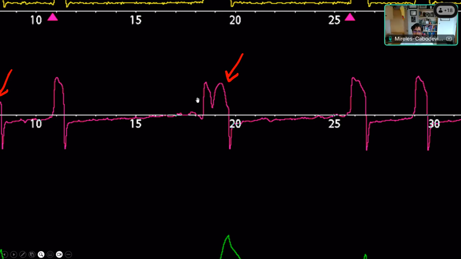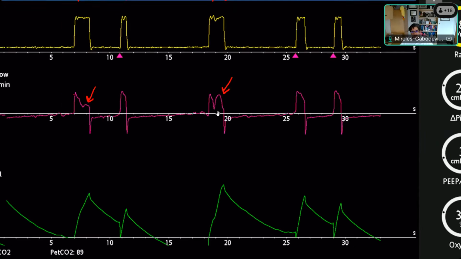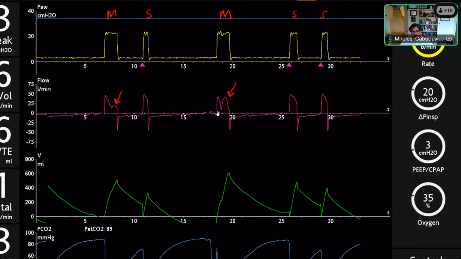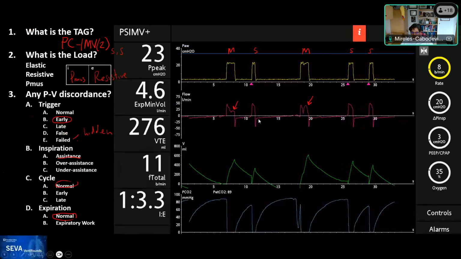So this early trigger, the etiology of those is to be determined, right? But what I thought is that this happens as a manifestation of awakening from sedation, and evidence of sedation effect on the respiratory center. So that's what I would say, that this looks like an early trigger. The variety mentioned in the literature would be reverse trigger for these ones. Thank you, Rob.